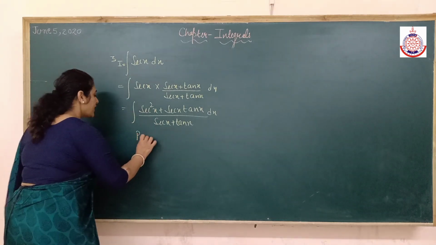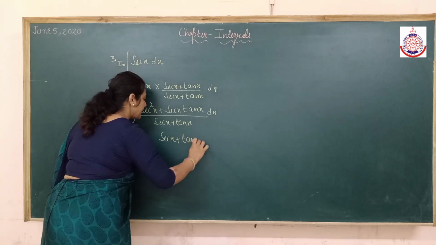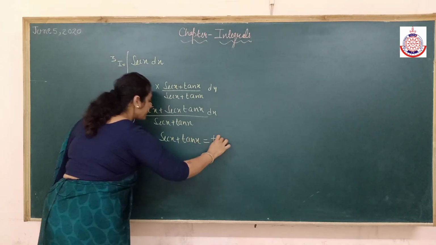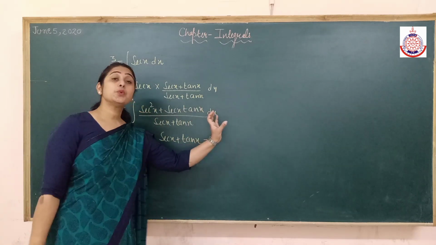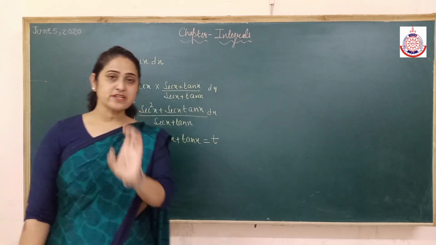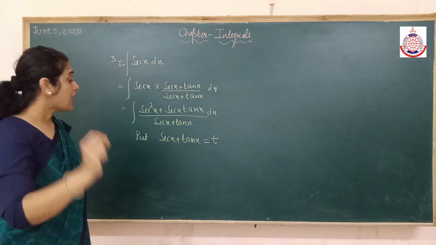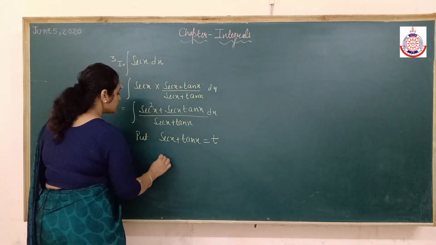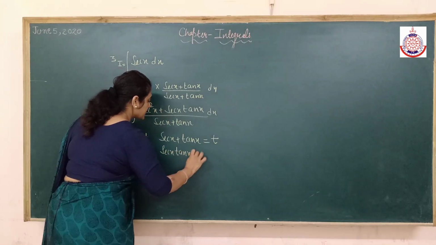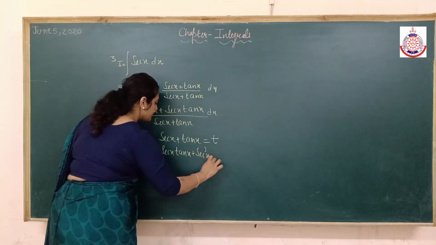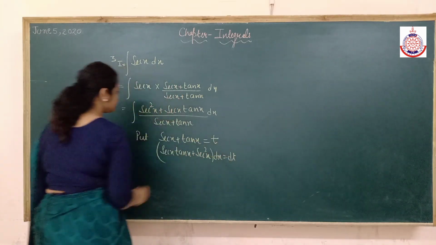So I am going to substitute the denominator, that is secant x plus tan x equals t. Again children, differentiation always comes with dx, so you have to be careful about what to substitute. Secant x differentiation is secant x tan x, tan x is secant square x, so dx equals dt.